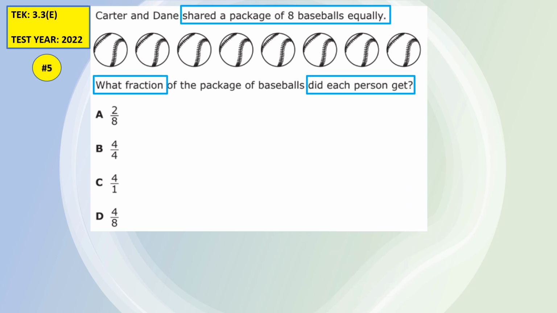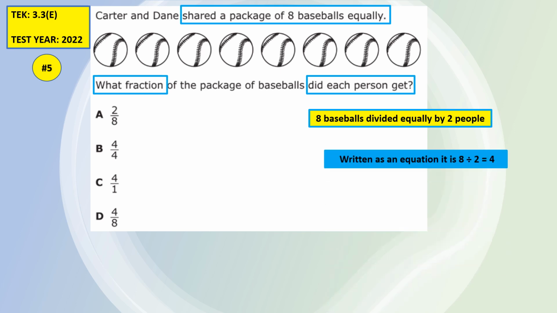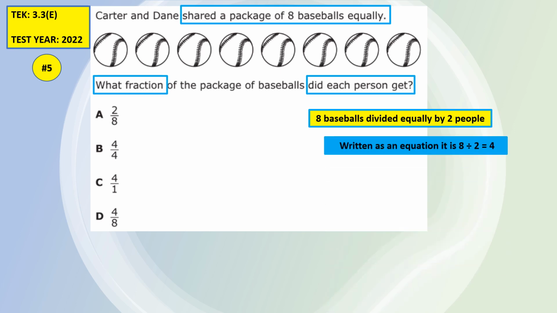I have to figure out not how much, but what fraction each person would get. So I have 8 baseballs divided equally by 2 people. Written as an equation, that's 8 divided by 2 equals 4. So that means that each person would get 4 balls, right?